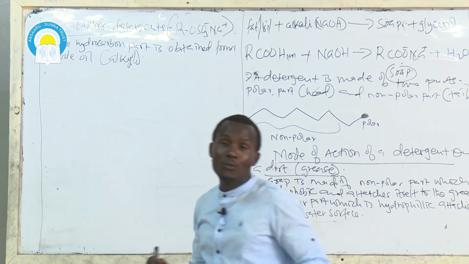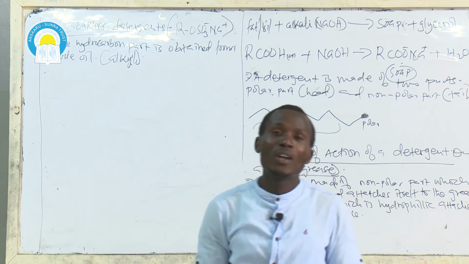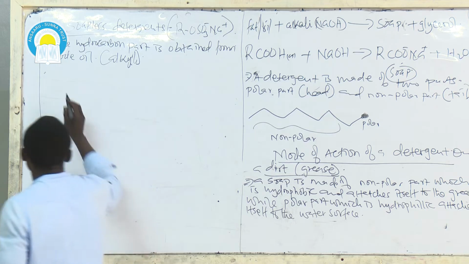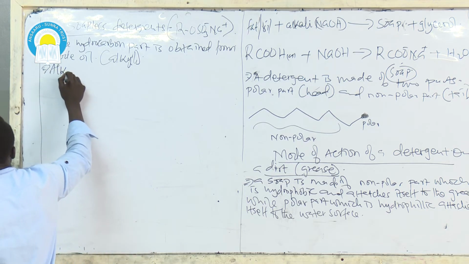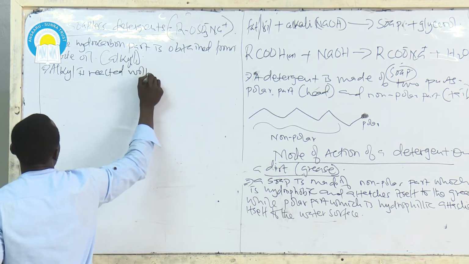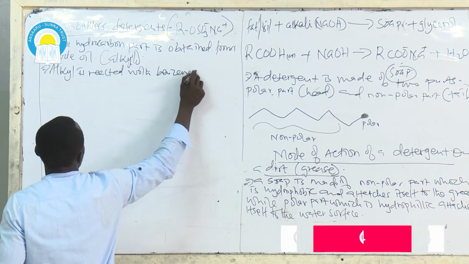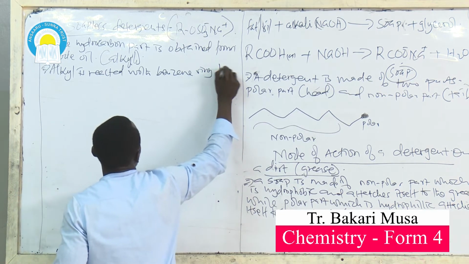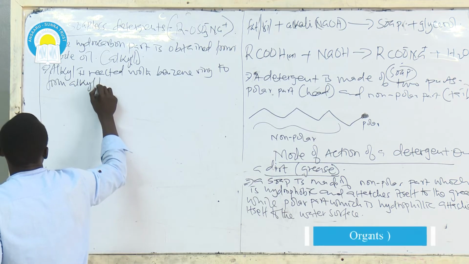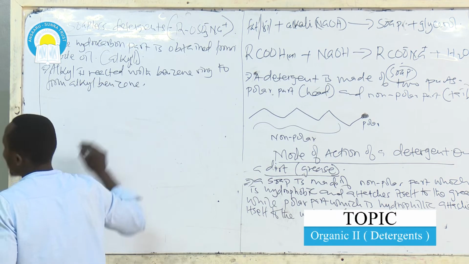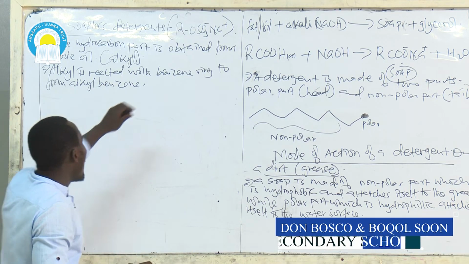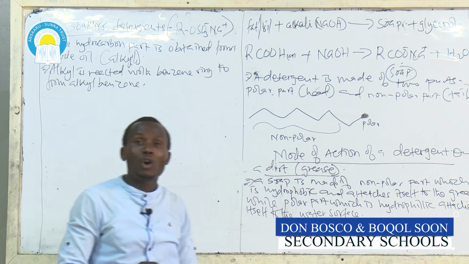The alkyl being formed is going to be reacted with a benzene ring, to form alkyl benzene. We have said that the R here is representing the hydrocarbon part.